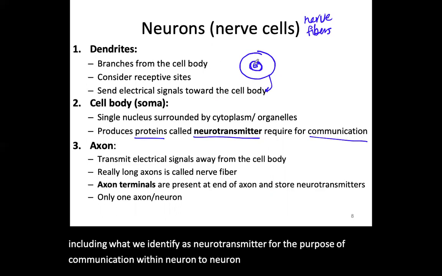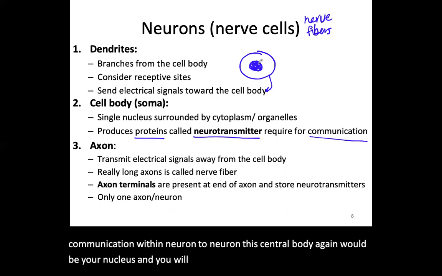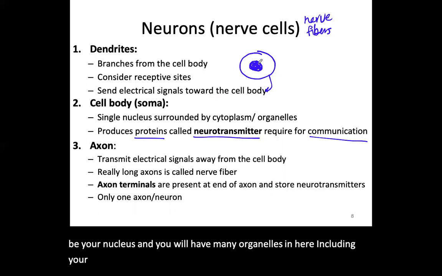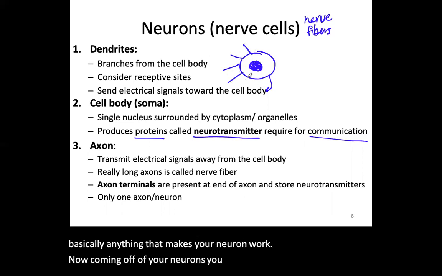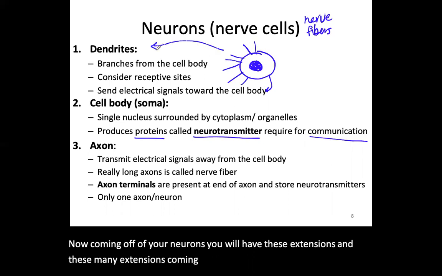This central body, again, would be your nucleus, and you will have many, many organelles in here, including your mitochondria, your endoplasmic reticulum, ribosomes, lysosomes, basically anything that makes your neuron work. Now, coming off of your neuron, you will have these many extensions, and these are your dendrites.